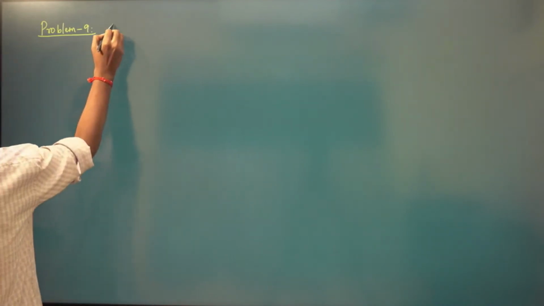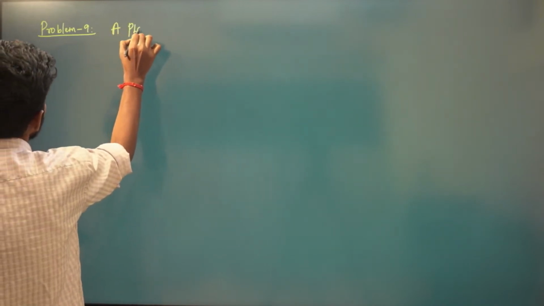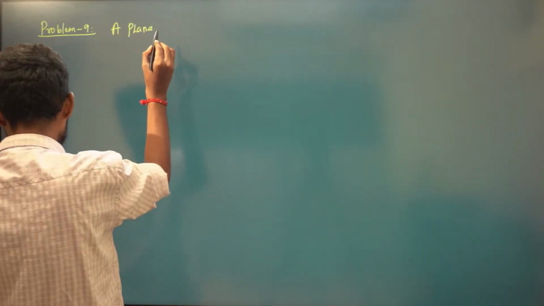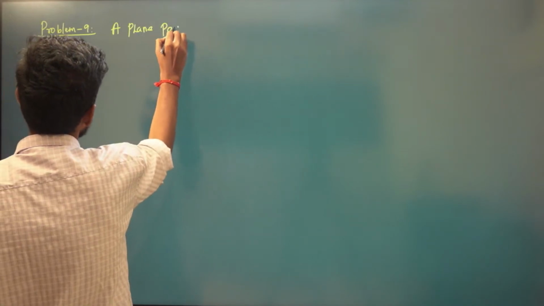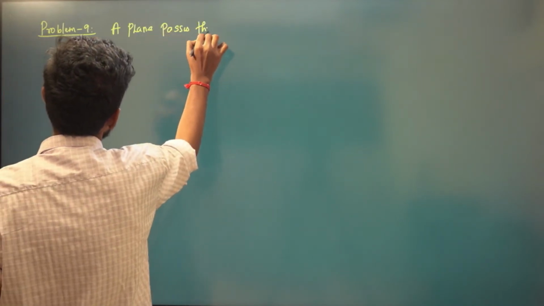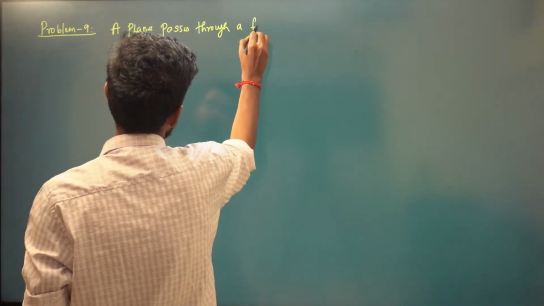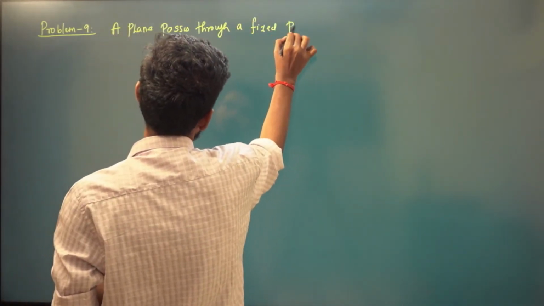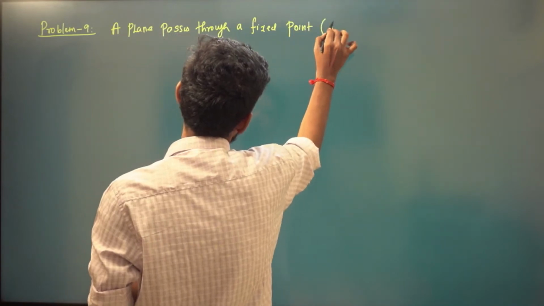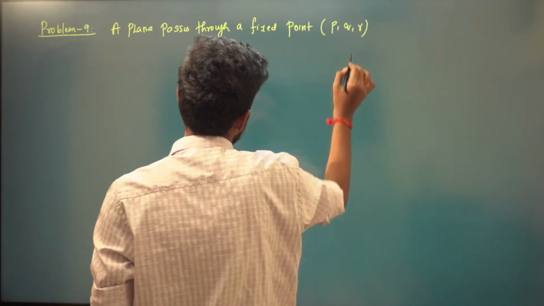Okay. So a plane passes through a fixed point P comma Q comma R, right?